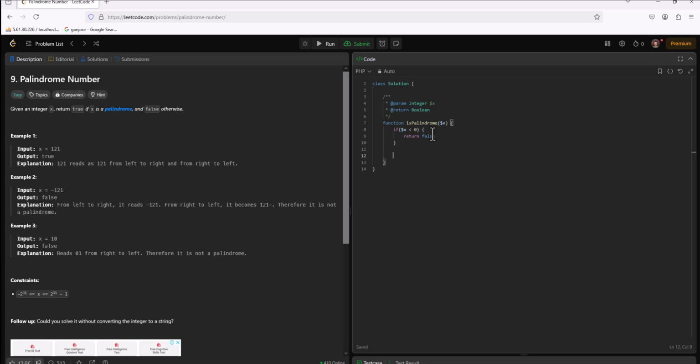And in example 1, I'm going to convert it. strval would be, I think we can do that with this. And then we can make a loop from index 0 until exactly the middle letter.